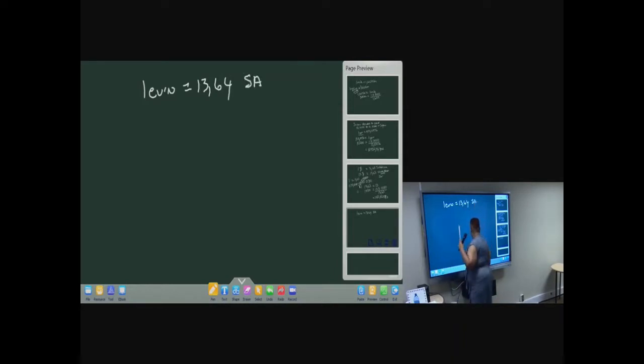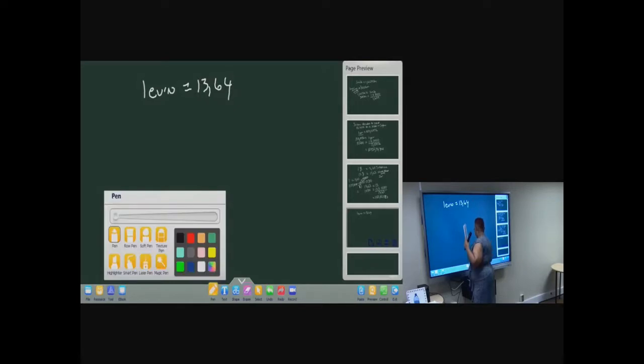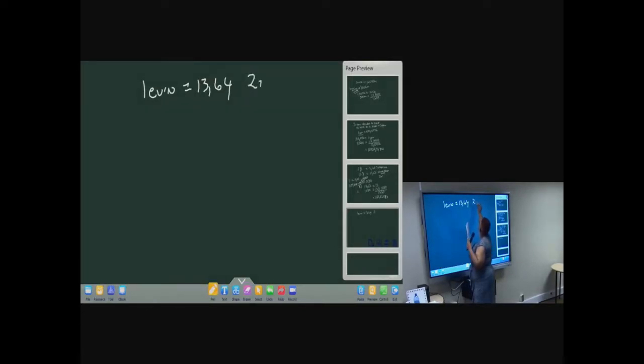Okay, let me write it as a ZAR so that you remember that a rand can be written as a ZAR. And then €1 is equal to 7,47 Danish krone.